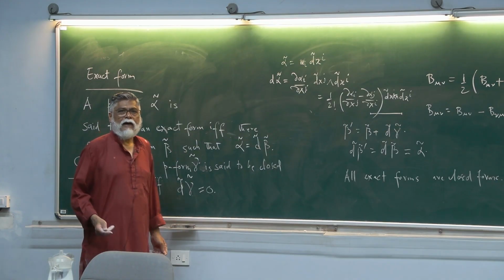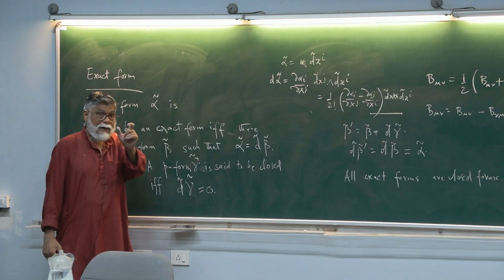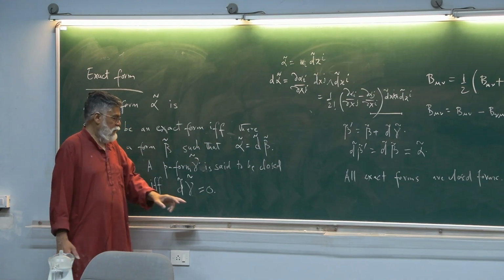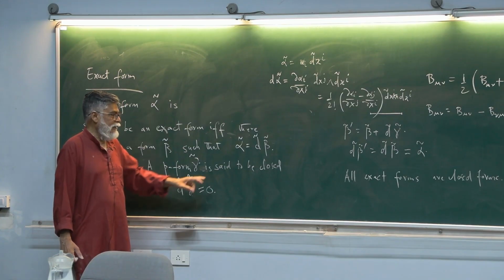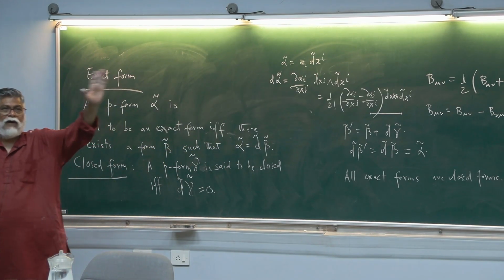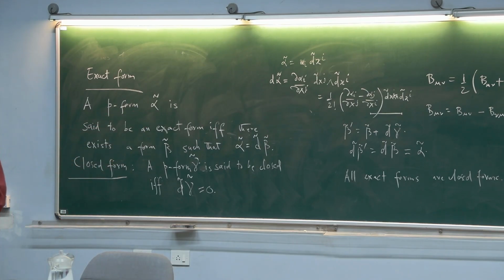The standard literature says that in a local neighborhood, in a given chart, any closed form can be written as d of another. But it's not globally true. You can't do it all over the manifold. Locally, any closed form can be expressed as an exact form.